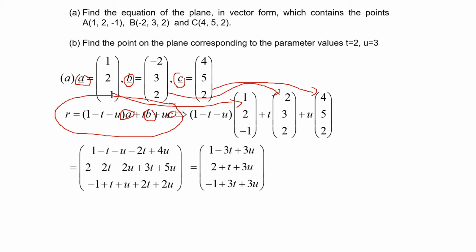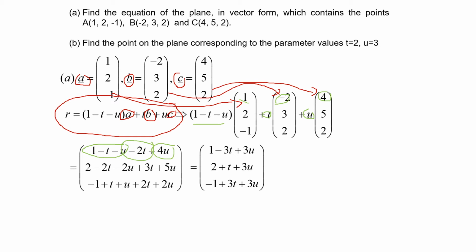You expand it just like a normal addition of vectors. It's as simple as 1 minus T minus U multiplied by 1, and you will get this. Then negative 2 times T, you will get negative 2T, and 4 times U will be 4U.